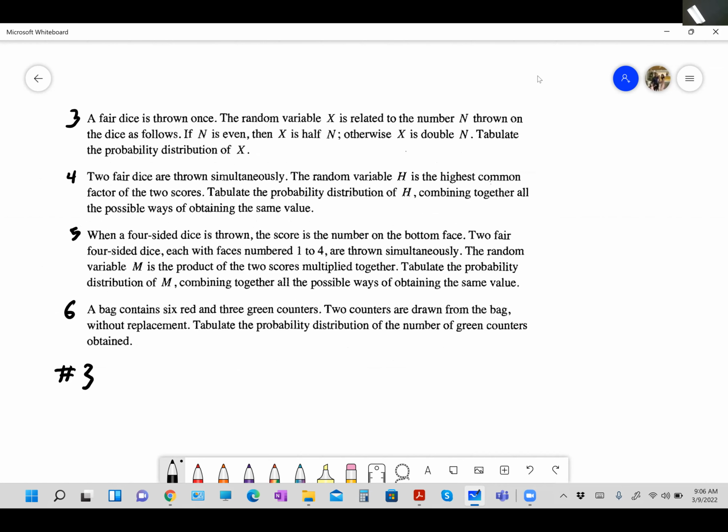So if N is 2, 4, and 6, X is 1, 2, 3. Otherwise, X is double. So if N is 1, 3, 5, you would either get an X of 2, 6, or 10.